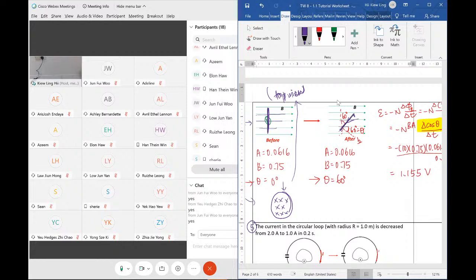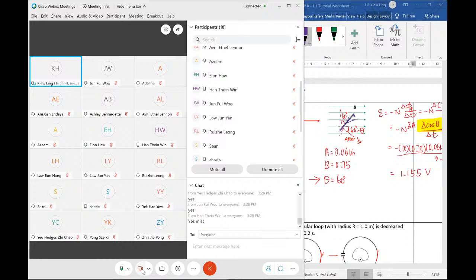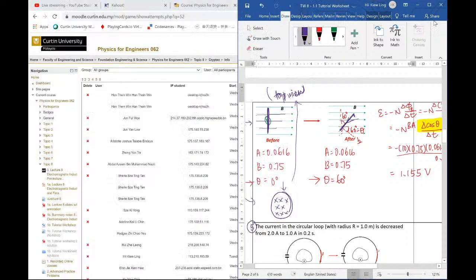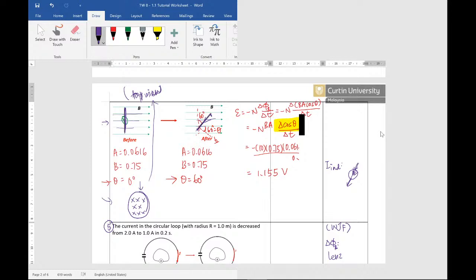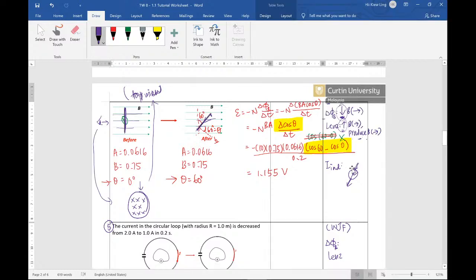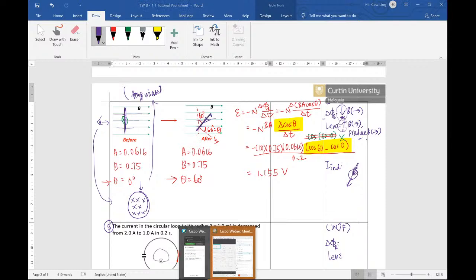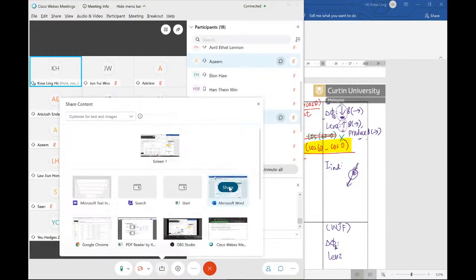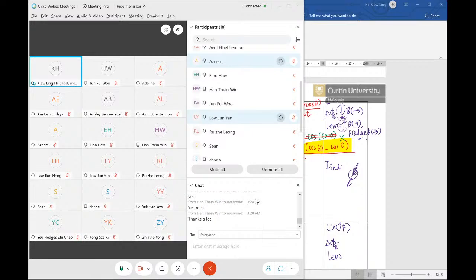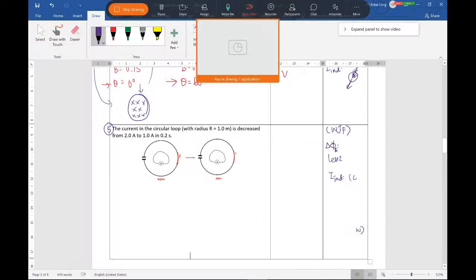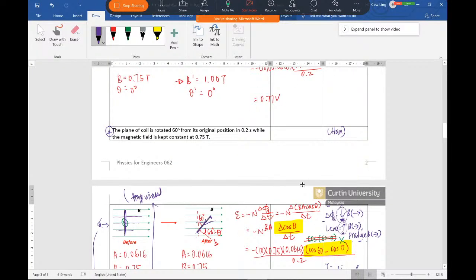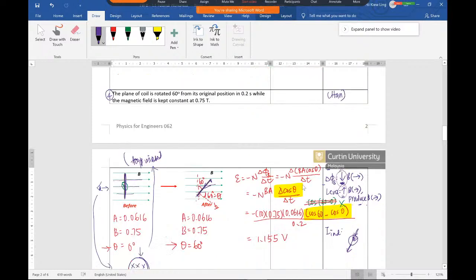So when it comes to questions like this, unless you purposely mention clockwise or anti-clockwise, it's good to just follow the top view. If the question shows you the top view, then you imagine you are writing from there.